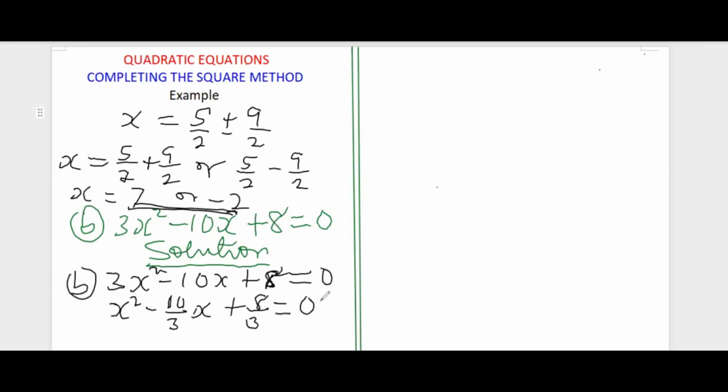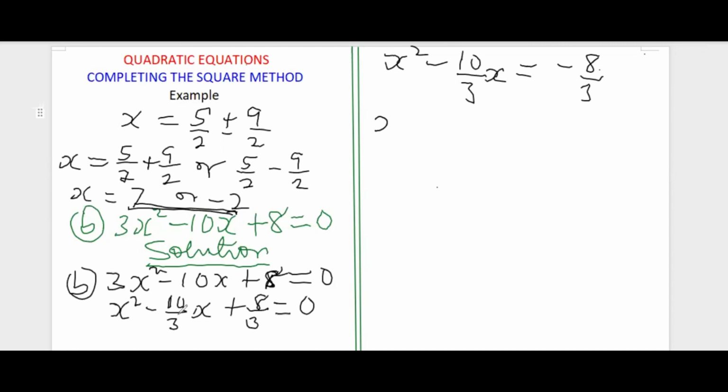We have x squared minus 10 over 3x equals negative 8 over 3. So we now introduce half of this squared, which is 25 over 9, like we saw the other time.